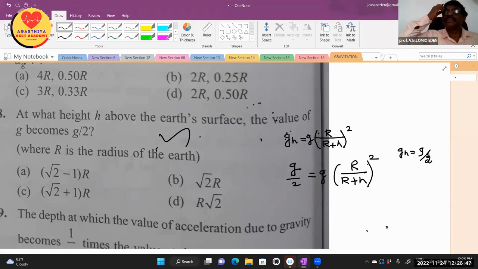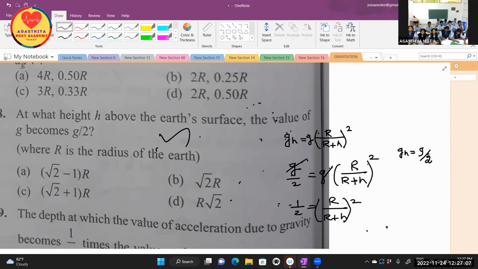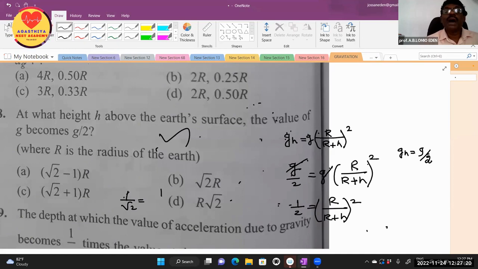Understand? From this expression, we can calculate the height. Simplify this. g and g get cancelled. This side 1 by 2 equals R divided by R plus h whole square. Take the square root on both sides. 1 by root 2 equals R divided by R plus h, isn't it?